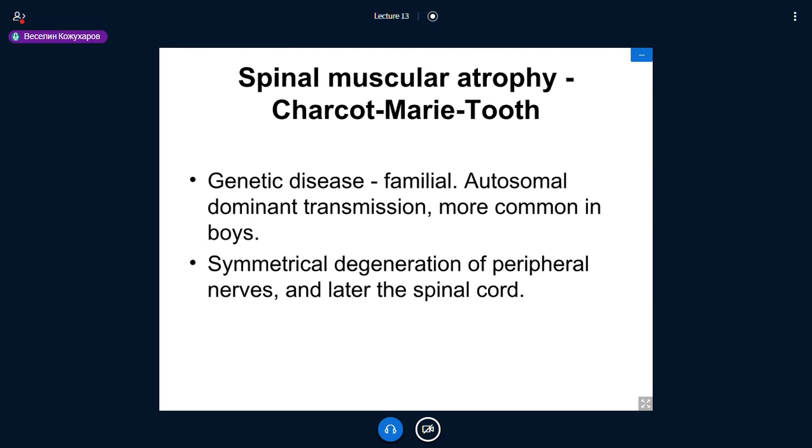Okay. The next disease which I'll talk about is spinal muscular atrophy, which has the additional name Charcot-Marie-Tooth. This is a genetic disease at all.